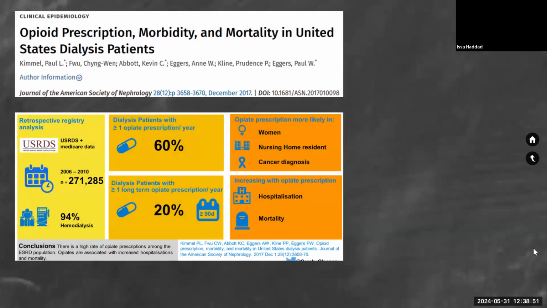So, for example, this is a clinical epidemiological study which looked at opioid prescription, morbidity, and mortality in United States dialysis patients. They took the USRDS registry data and the Medicare data.